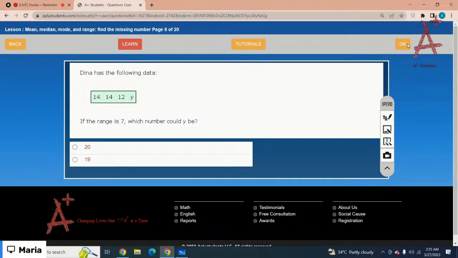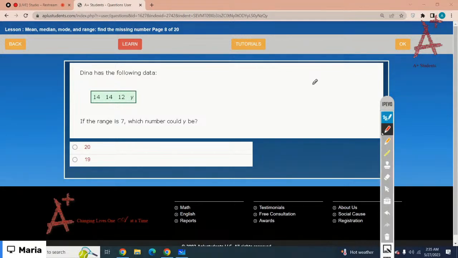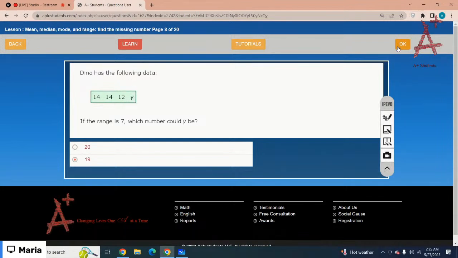Range is 7. The smallest number is 12. That means the greatest one is then 19, because 19 take away 12 is 7. So the range is 7. So that means the y is 19. The correct option is 19.